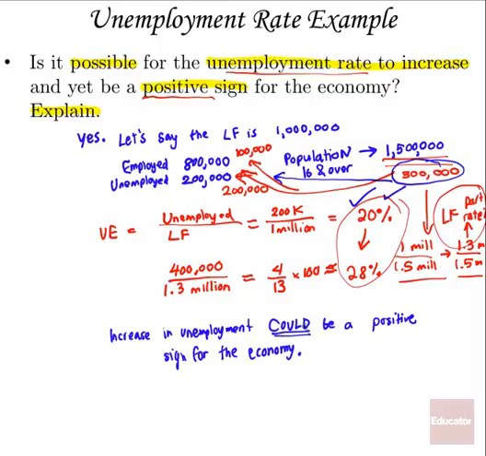The operative word here is could. Obviously, it's better if you have more people in the labor force with jobs, but that's the first step. When you just see the headline figure of the unemployment rate going up or down, that's generally not enough. It's the context: knowing what is unemployed, employed, the labor force participation rate, how many discouraged workers. It's all about context, right?